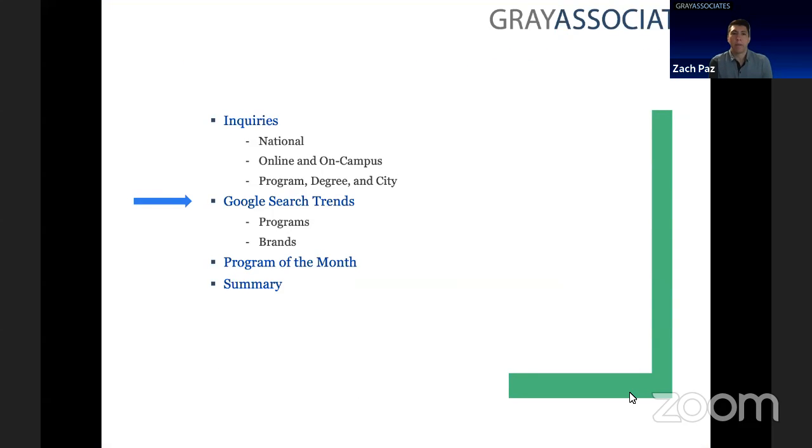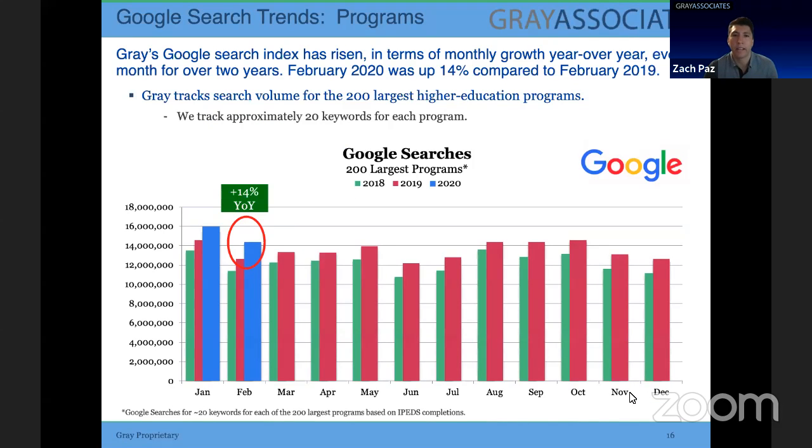One other database that we've been building is Google search trends. We've been tracking over 200 programs, and we're continuing to develop that list. They're some of the largest programs based on the number of graduates produced each year, and we're tracking about 20 keywords for each of those, specific to the program.